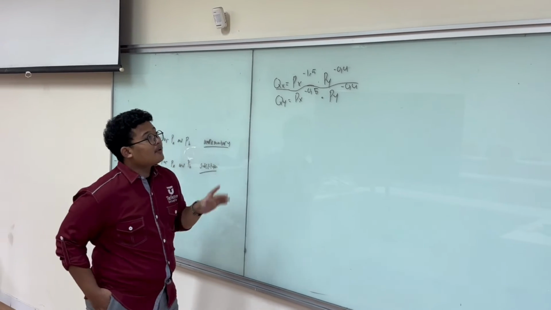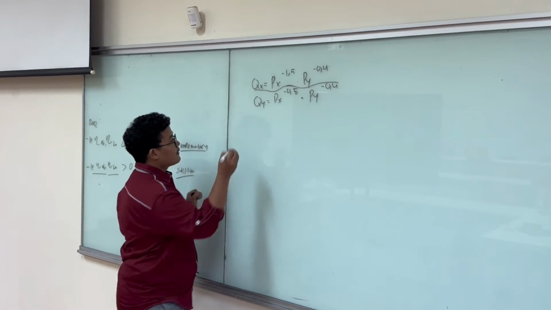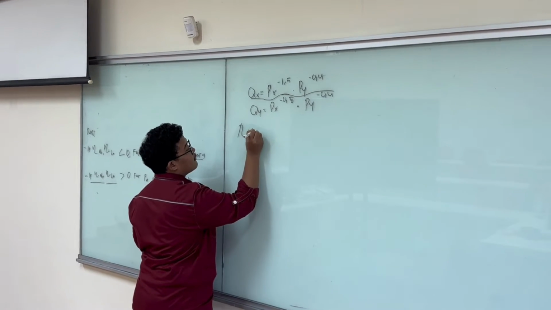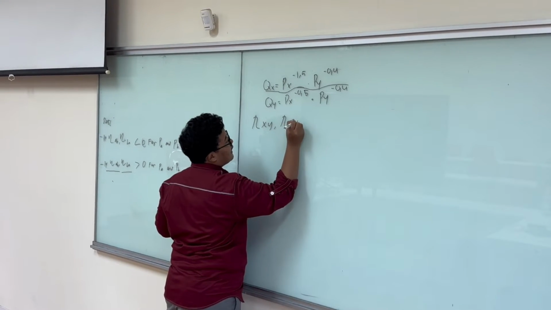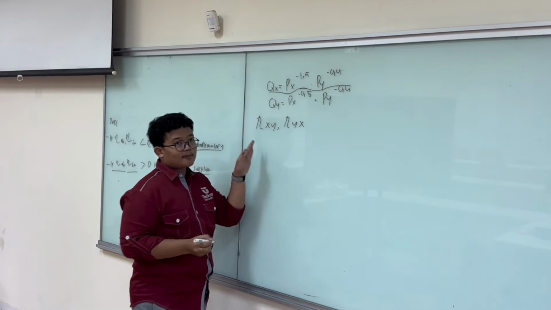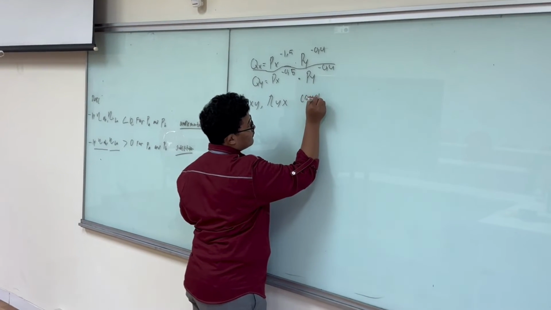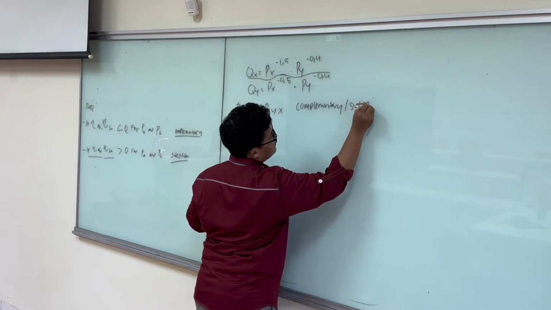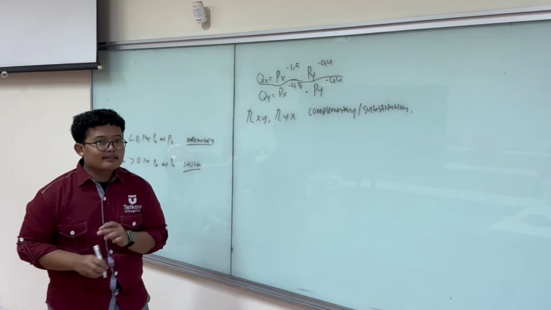And now what we are going to find is the nu of product X and Y, and nu of product Y and X, whether these products are complementary or substitutes. Let's discuss together.